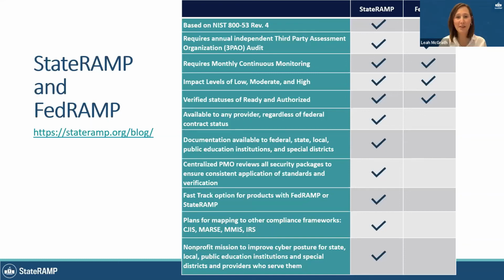I think one of the other big differences that we'll have to add to this is the StateRAMP Security Snapshot program. This is a program that, as we mentioned, launched in early 2023, but I think it's a huge difference maker when we think about the needs in the ecosystem and how we can help all providers be successful in achieving NIST compliance and those best practices.